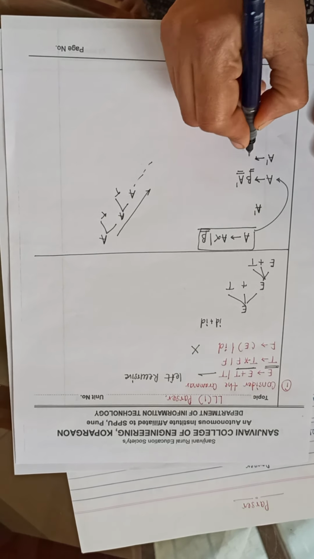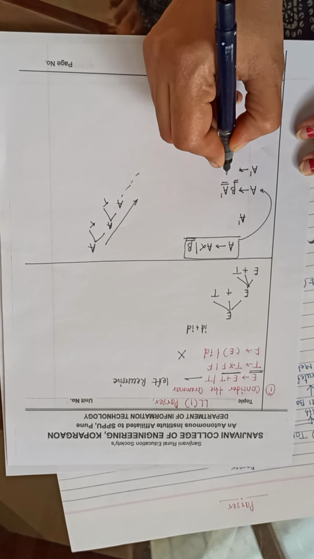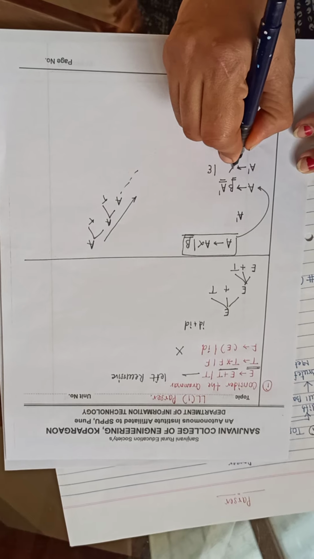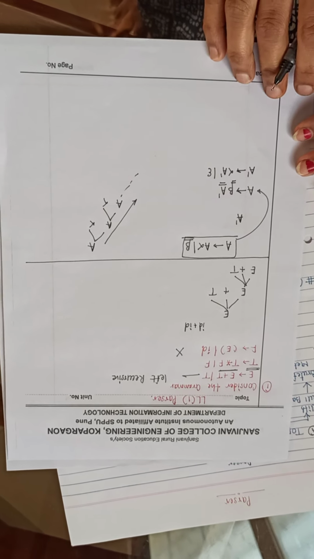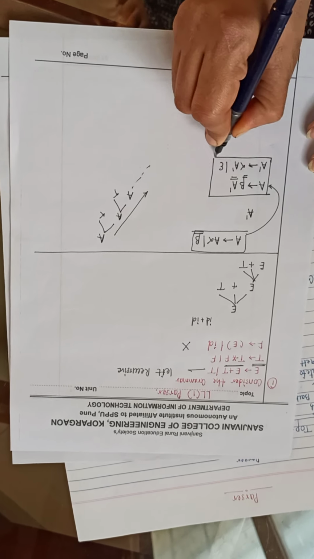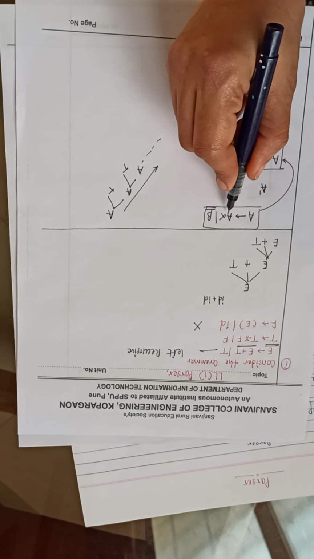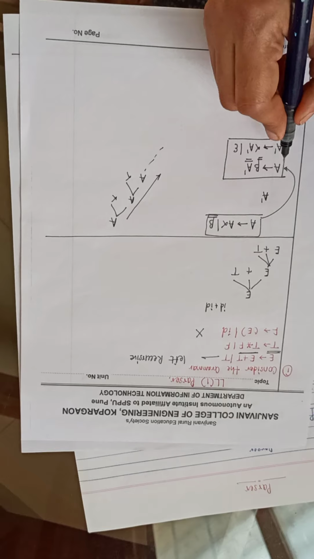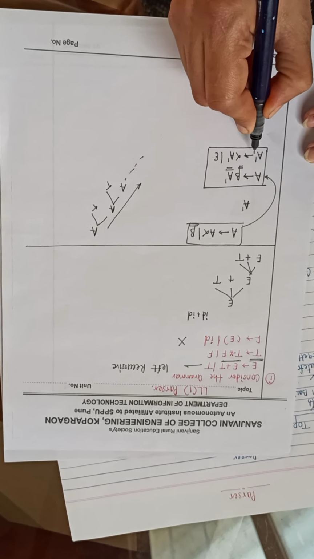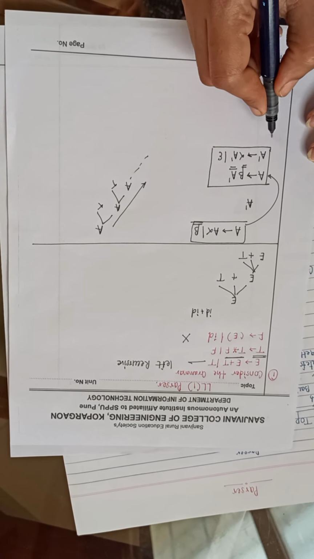A dash gives, for the beta it can be epsilon, but for the A alpha it will be alpha A dash. So this is the rule to remove left recursion. If we have A gives A alpha or beta, then its elimination of left recursion is A gives beta A dash, and A dash gives alpha A dash or epsilon.